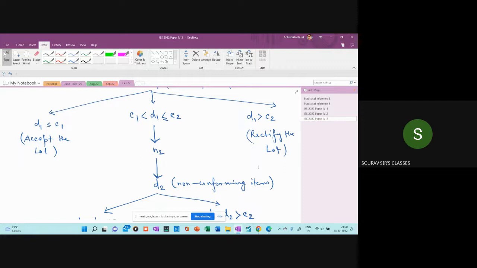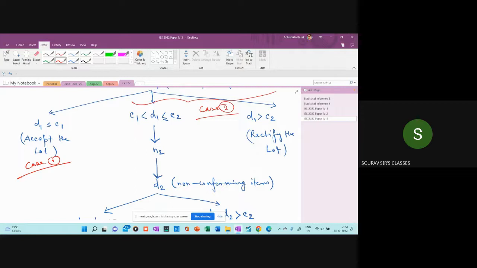This comes under my case 1, and both of these two combine and give me case 2. Under case 2 we can have two sub cases. First we set a cutoff c1. If d1 is less than c1, we accept the lot, replacing the d1 non-conforming items with the standard ones.